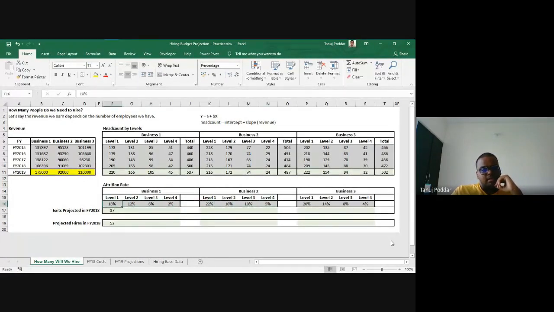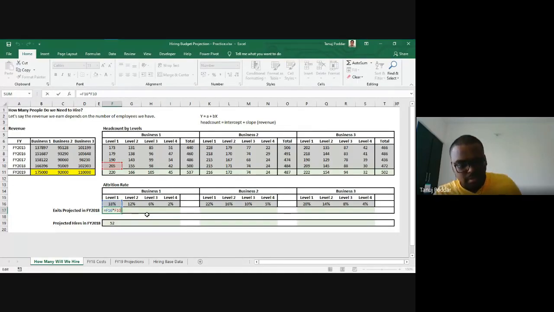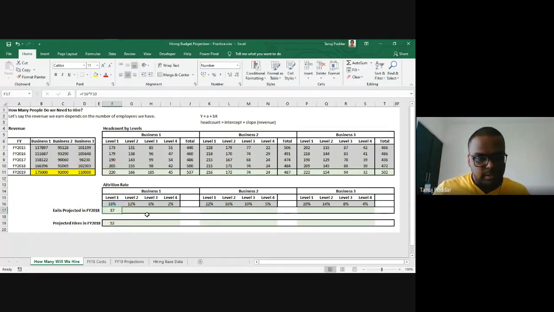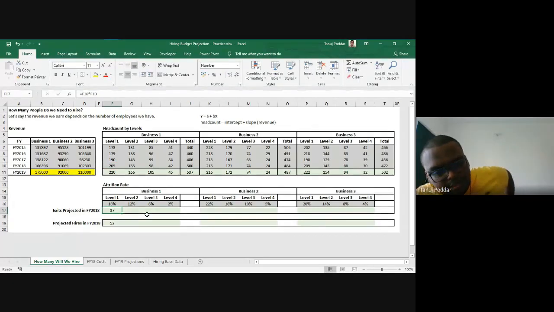So if I have to calculate what percentage of people out of this 205 will leave, and I'll have to replace them, I can do a very simple formula which basically says 205 into 18%, right? So F16 into F10, that will give me a value which basically says how many people I'll have as exits. So this gives me a value out here that is 37, right?